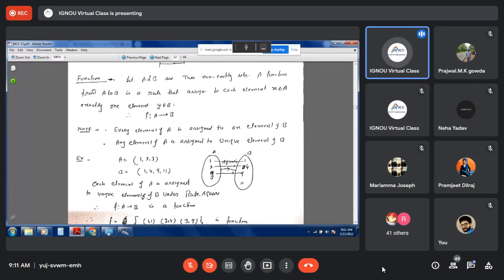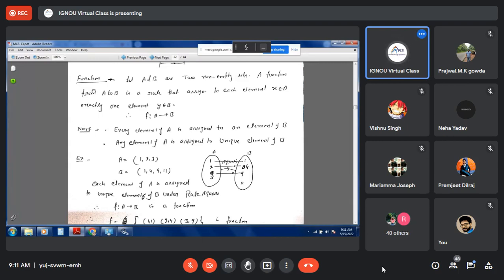If there are three persons standing in front of the mirror, then obviously there will be three images in the mirror. So here there are two sets. One set is in which the three persons are standing. The second set is in which the three images are being formed. And the rule is the law of reflection.